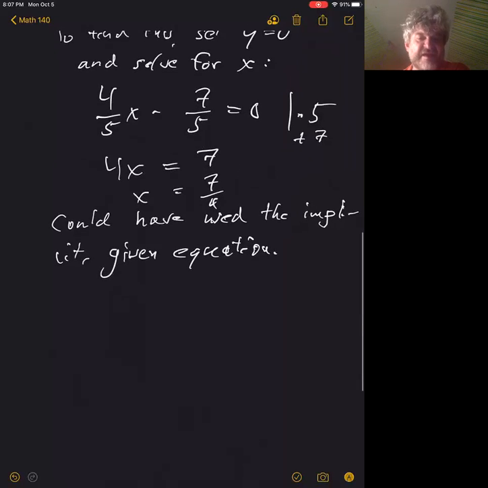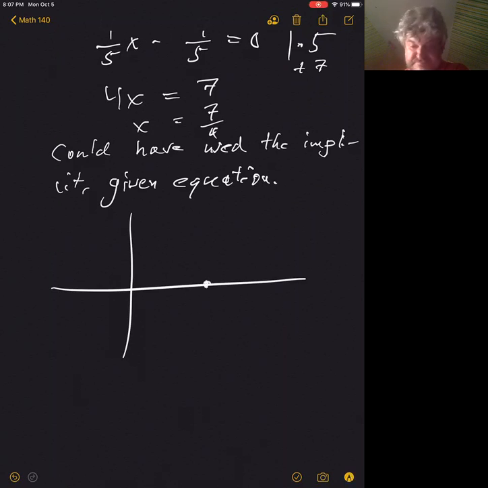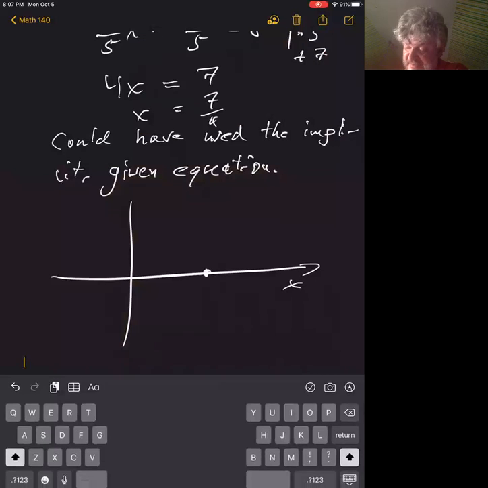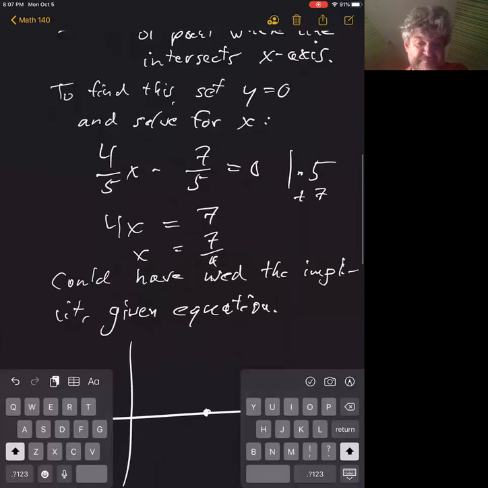I can't help it. I want to draw those points and see what they tell me geometrically. Let's say 7 over 4 is here. X value 7 over 4. It's going to be on the x-axis. And then the y-intercept was negative 7 over 5.